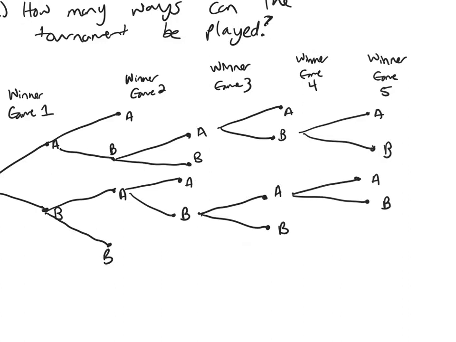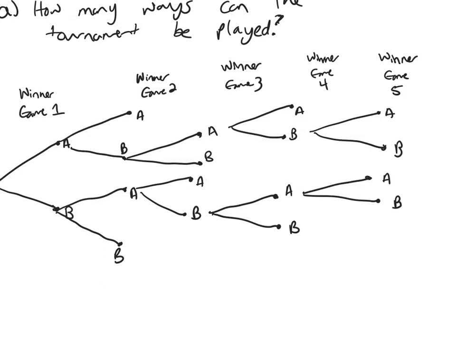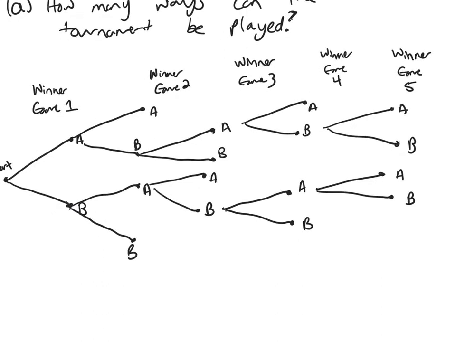So now let's look at our game 5. Is the tournament done? Here, if I trace back the winners, A won 3 times, so the tournament would be over. If I look here, B won twice in a row, so the tournament would be over.